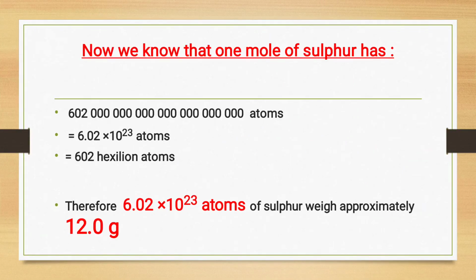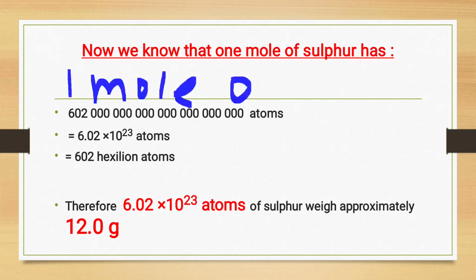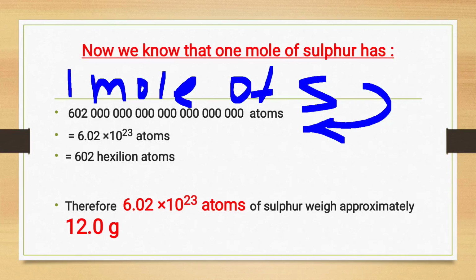From that we can conclude that 1 mole of sulfur contains 602 sextillion atoms of sulfur.